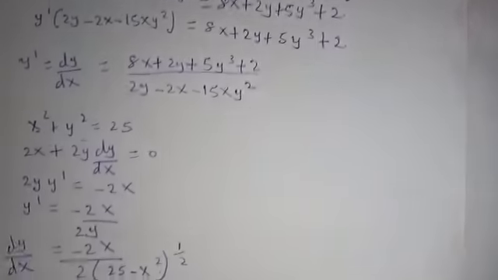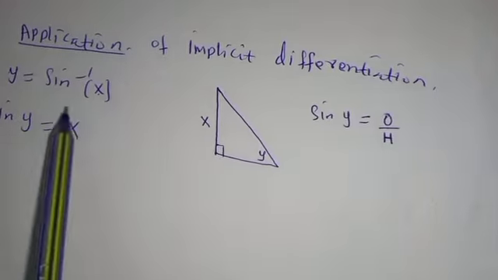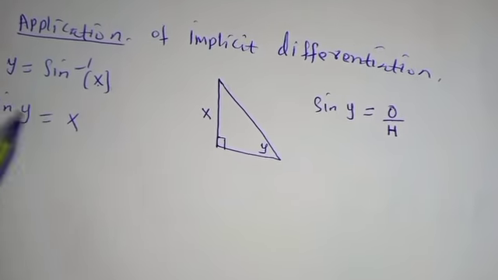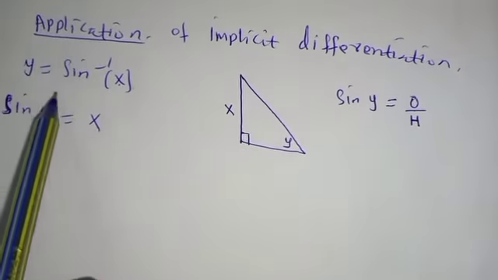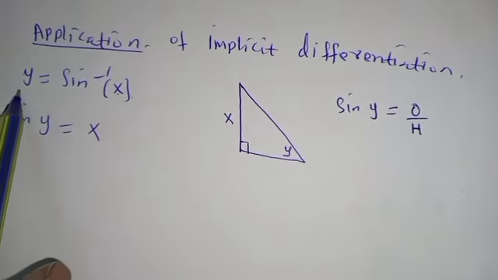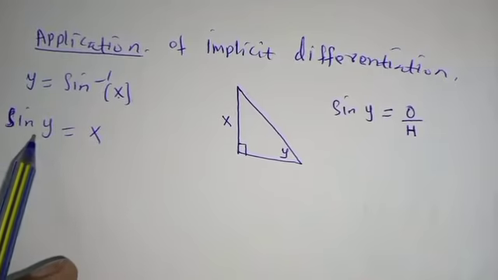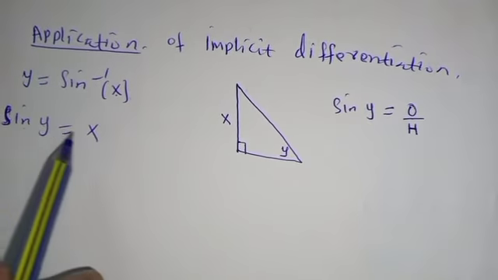So thanks so much. Application of implicit differentiation in determining derivative of inverse function, trigonometric inverse function. So given y is equal to sine inverse of x, we multiply by sine both sides to get sine y is equal to x.